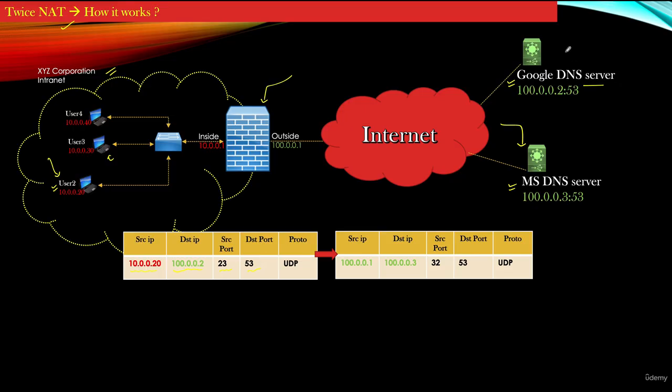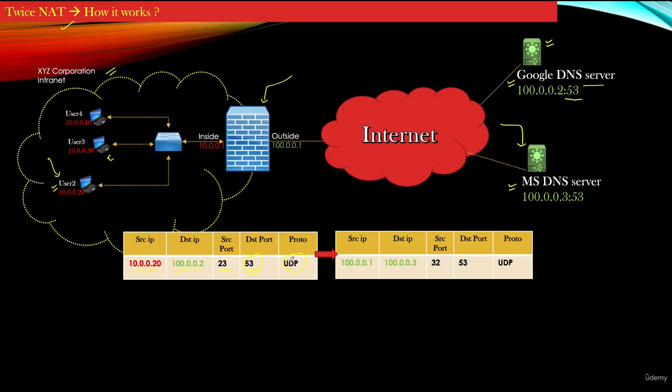The DNS service running on this Google DNS server is listening on UDP port number 53, right? So 53 is something which user 2 has to specify while connecting to the Google DNS server.